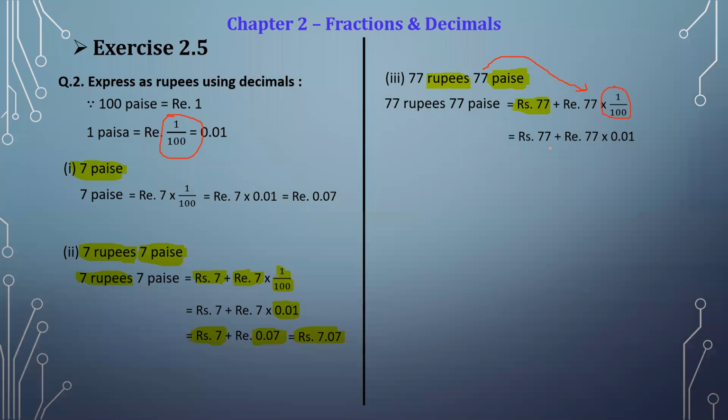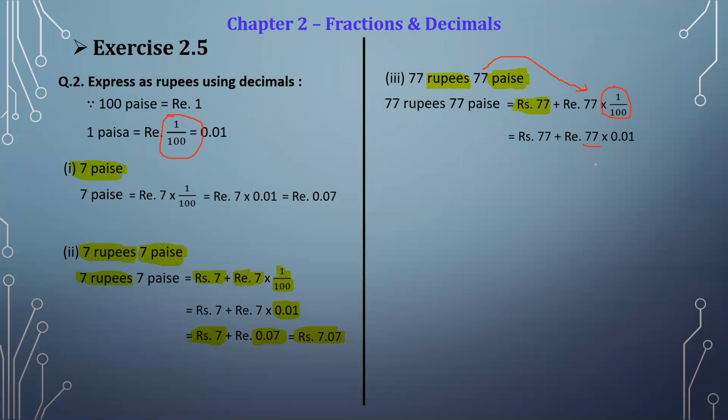So the final equation is now like this: Rs 77 plus Rs 77 into 0.01. Now just multiply 0.01 with 77. You can keep the 77 as it is, because we have to take only one value.